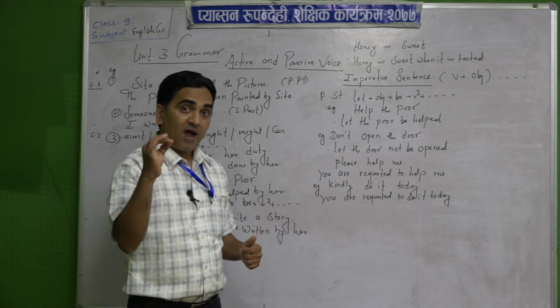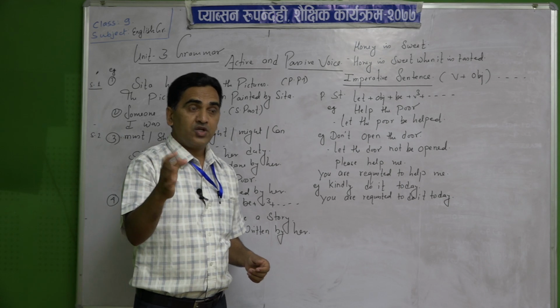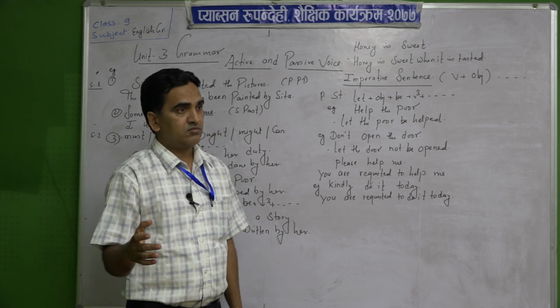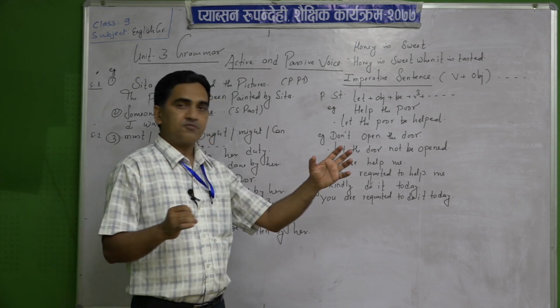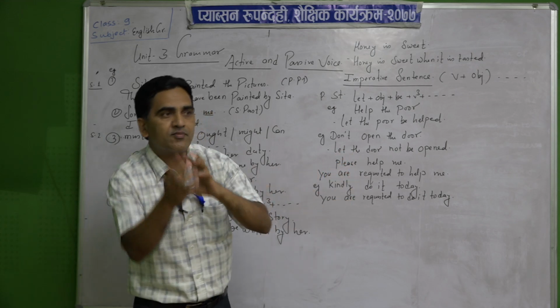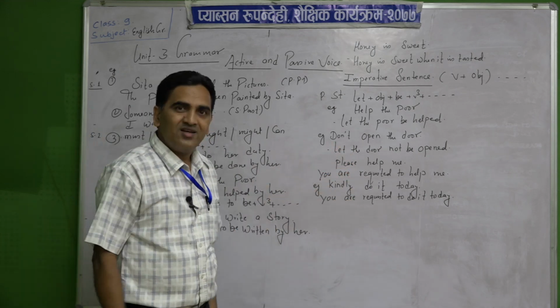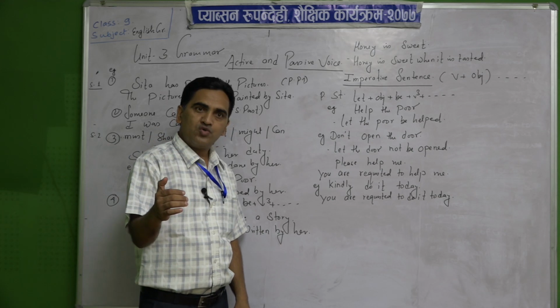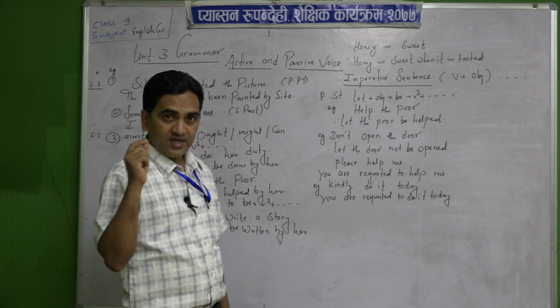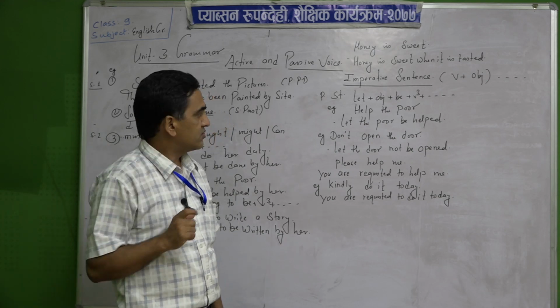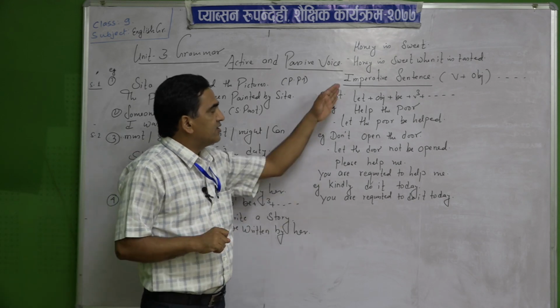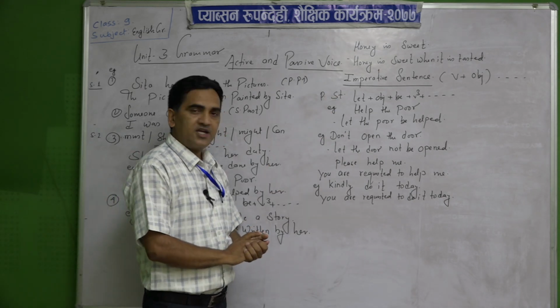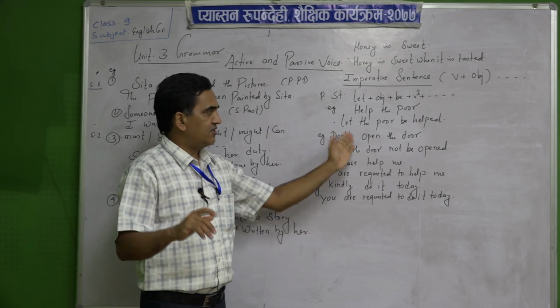If your grammar is very nice, you don't have any problem in writing or speaking. Okay, so stay close to the grammar books. Yes, textbooks, grammar books, my dear students. Okay, so these are the imperative sentences, their structures and their examples.